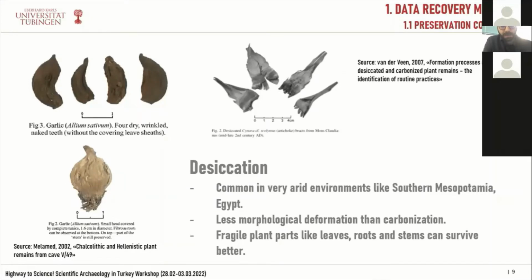As you can see at the left side, it can be the fleshy part of garlic, or at the right side, the artichoke bracts, which are very difficult to survive in carbonized conditions.